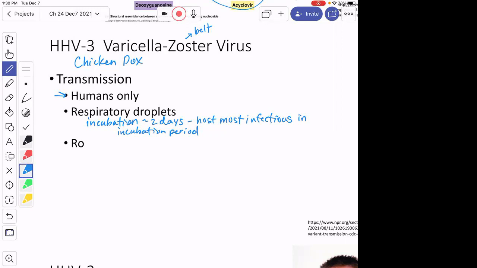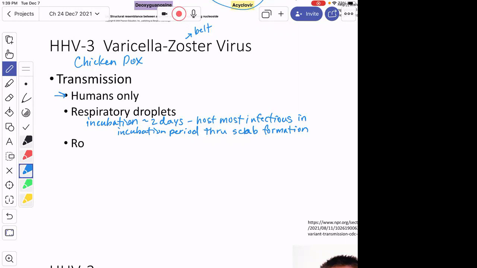So we'll say through scab formation. So that's about a week. But they're starting to be infectious in that incubation period when they don't even have symptoms. So this really adds to the transmissibility of chickenpox because people are out not even knowing that they're sick and passing it on. They're shedding lots of virus and giving it to other people.